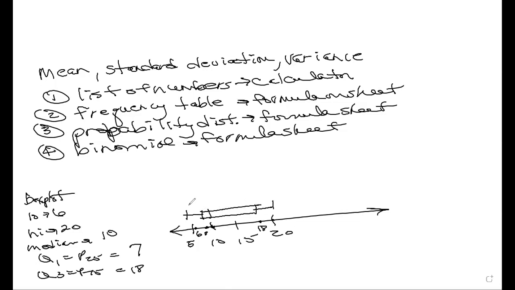Now, the one other thing that you've got to know, and I believe this comes out of chapter 3, is you've got to know the percentages on a normal curve. Most of your final exam is going to deal with a normal curve.